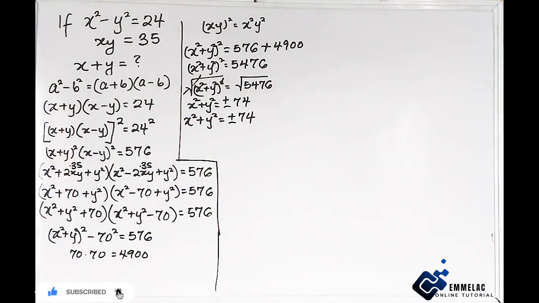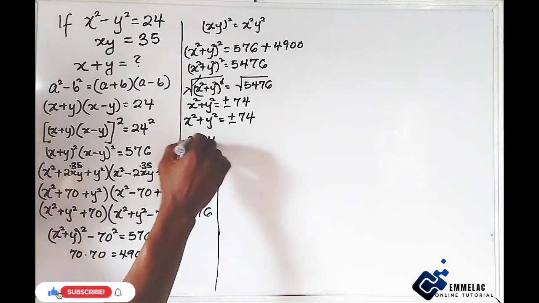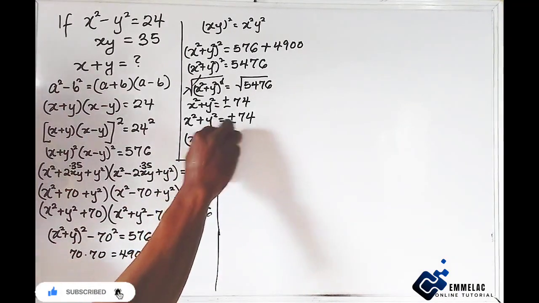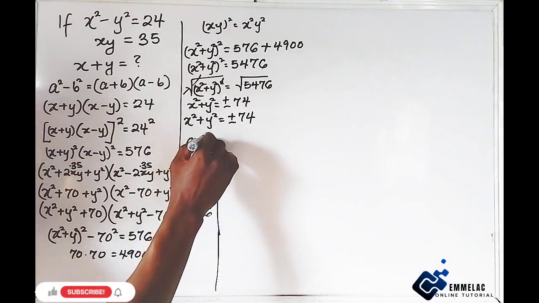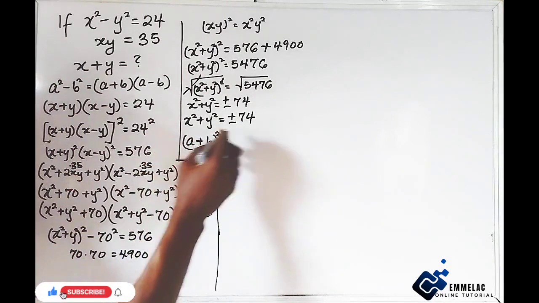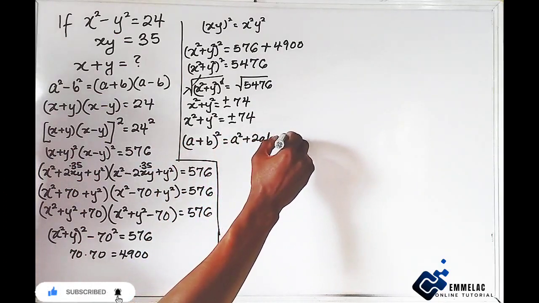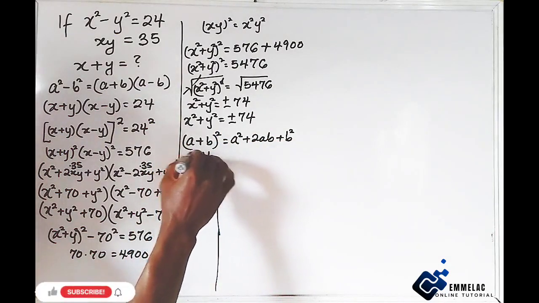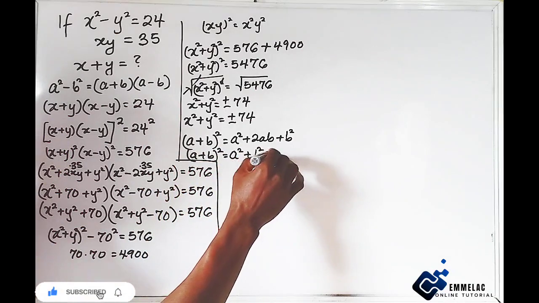Now let us also recall that according to the algebraic law, if you have (x+y)^2, let me not use x plus y, let me just use a and b so that it will have a clear meaning. Let us recall that expanding (a+b)^2 will give us a squared plus 2ab plus b squared, which is a squared plus b squared plus 2ab.